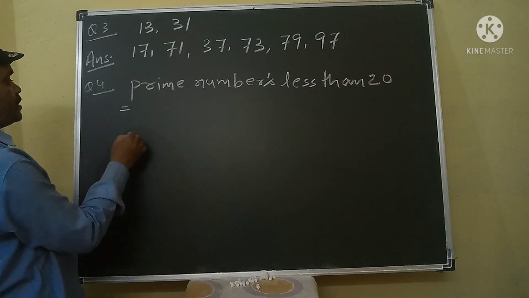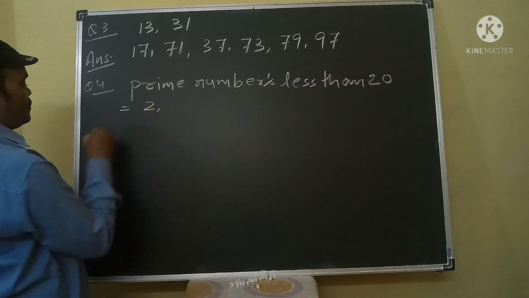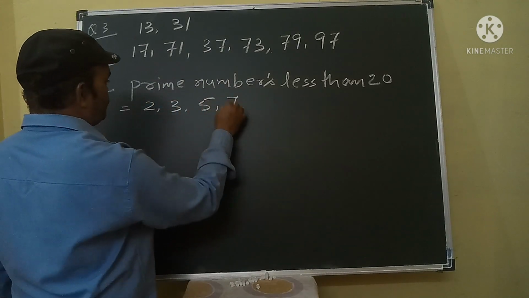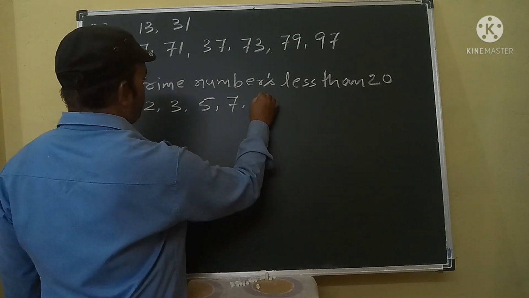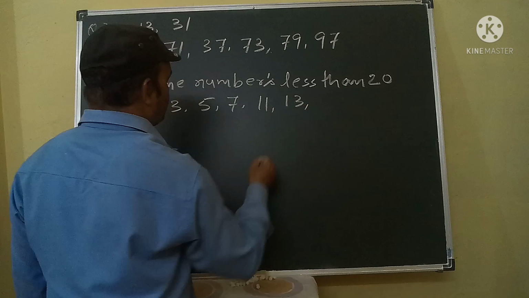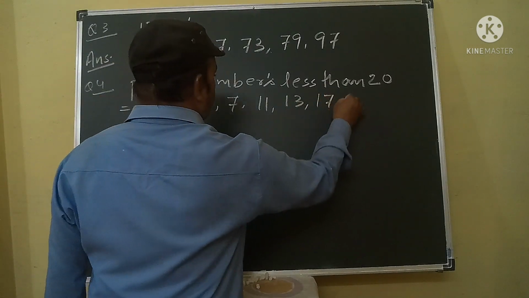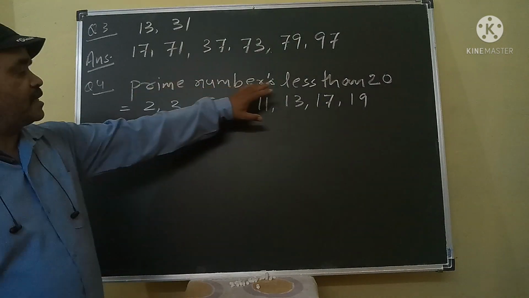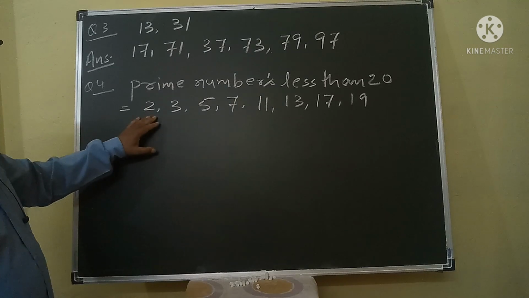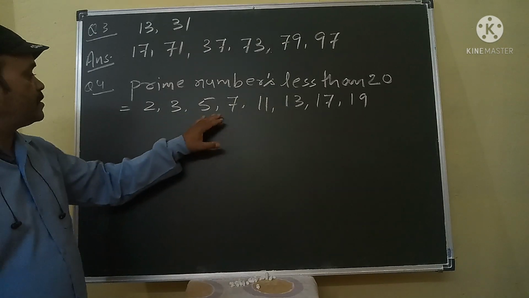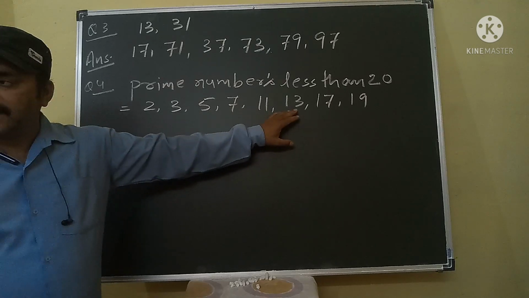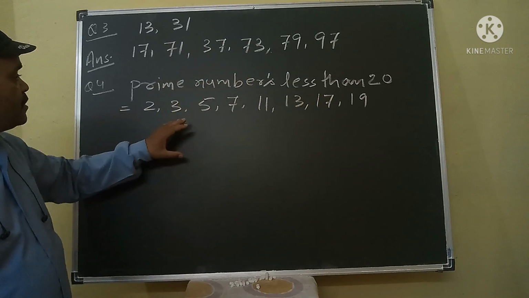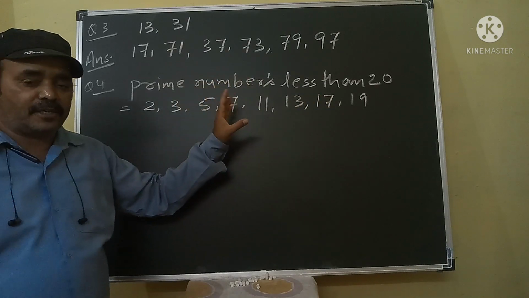The prime numbers less than 20 are 2, 3, 5, 7, 11, 13, 17 and 19. All these are prime numbers less than 20.